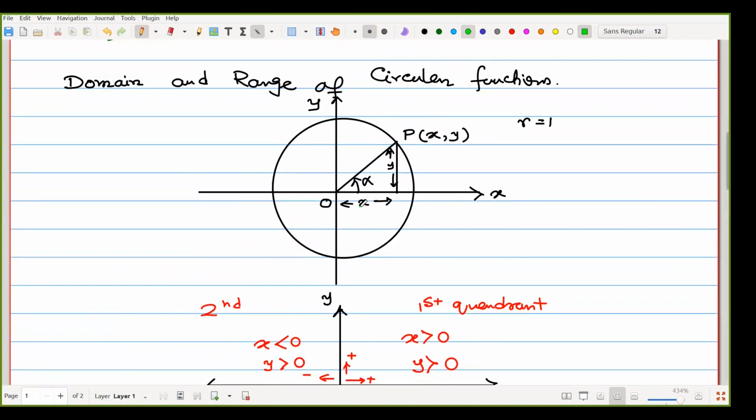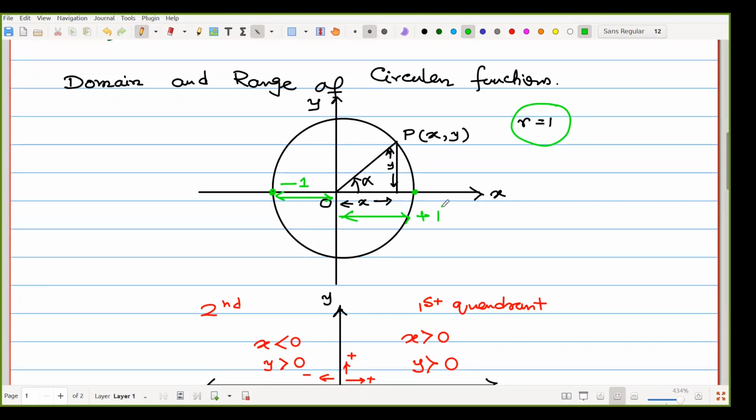As it is a unit circle, the radius is equal to 1. So obviously that part would be +1, and up to that position, that must be -1, that complete distance.